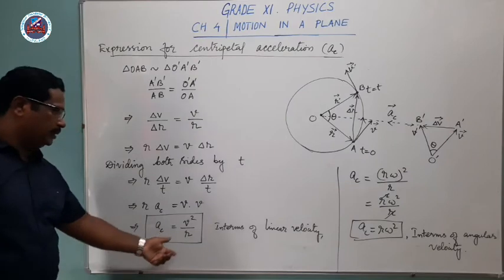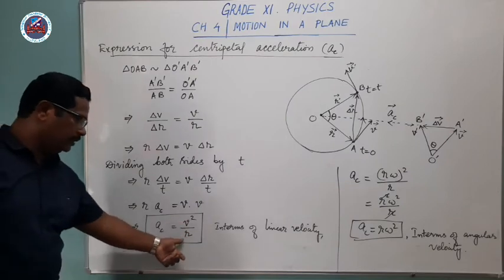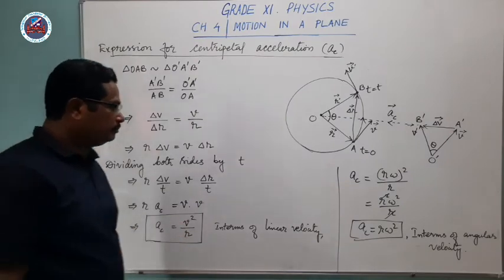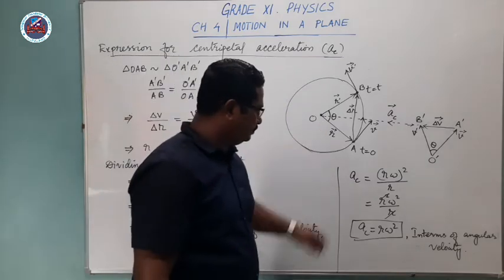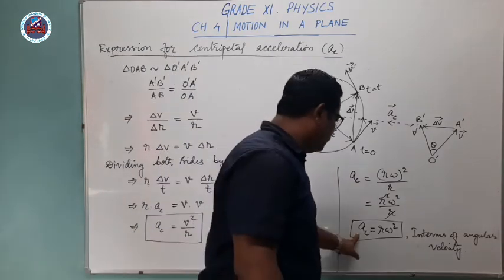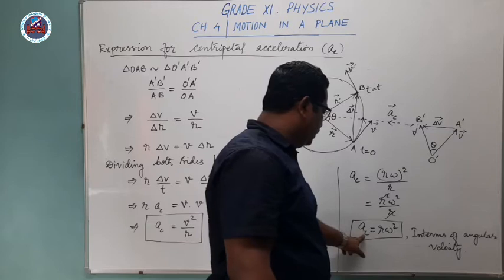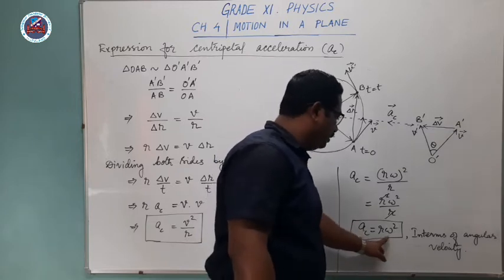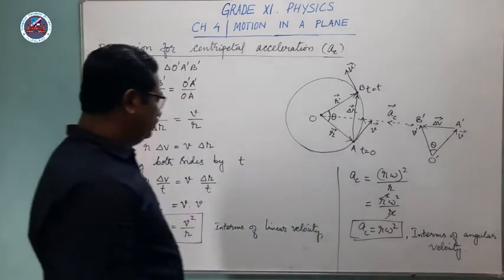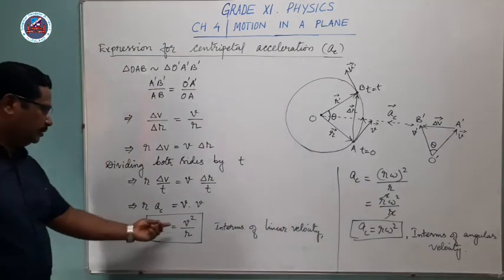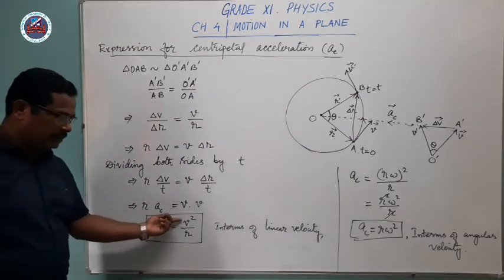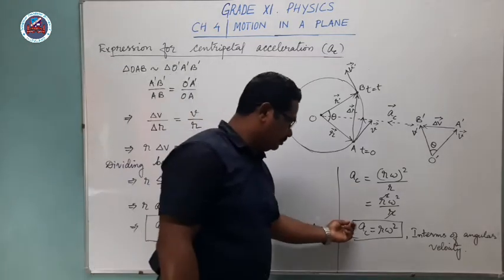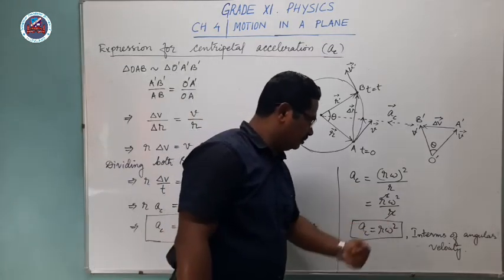So in terms of linear velocity, AC, the centripetal acceleration, is linear velocity squared divided by the distance r, distance from the center, and centripetal acceleration in terms of angular velocity will be r omega square. Both are vector quantities. Acceleration is vector, velocity is vector, angular velocity is also vector.